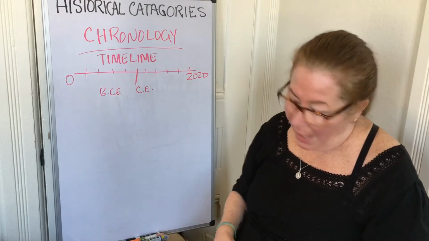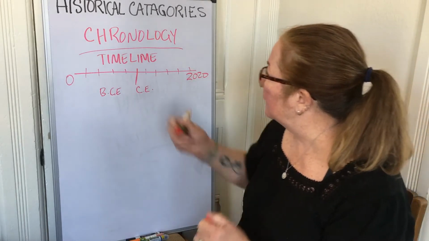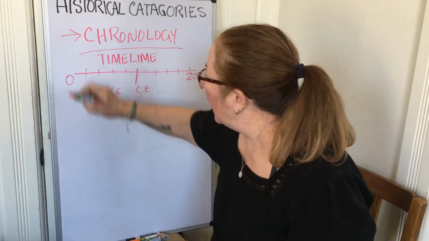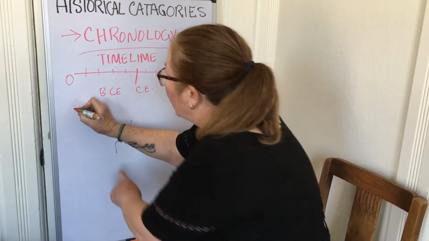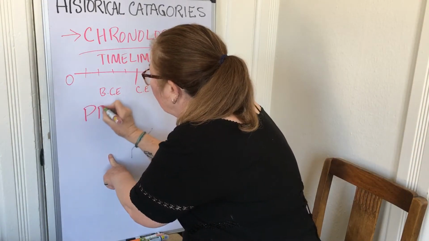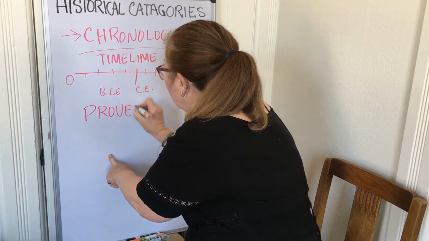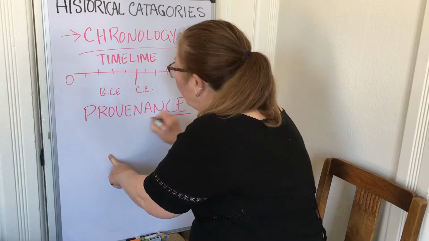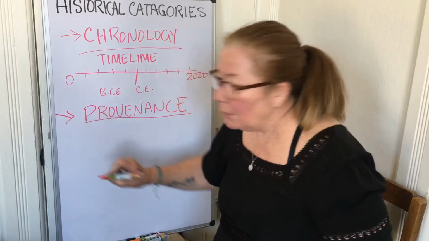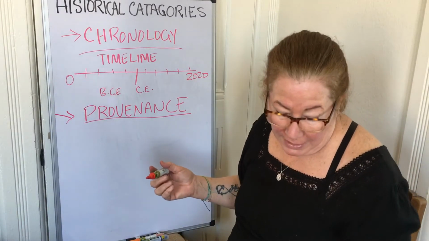So chronology is our one way, and another way that we categorize is provenance. Provenance is where the artwork was created.